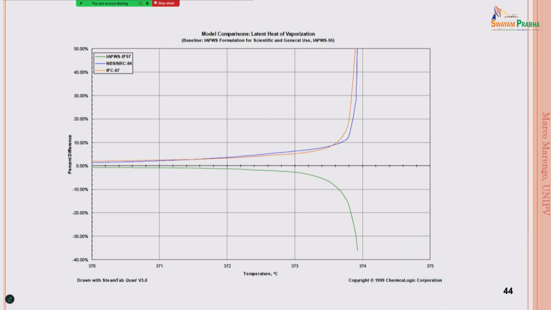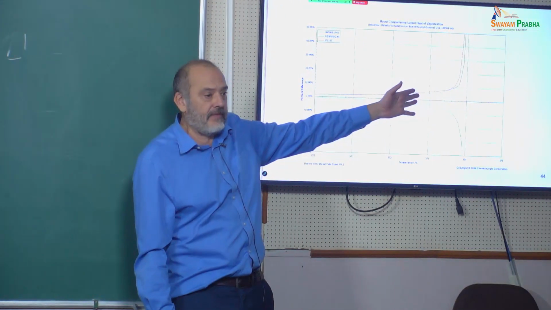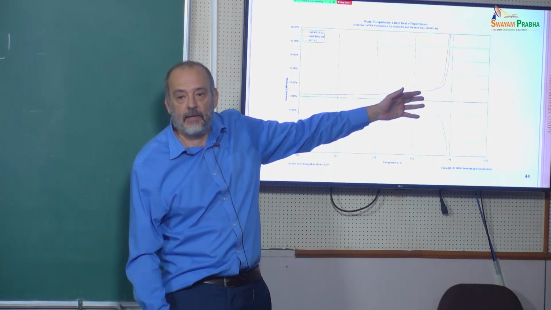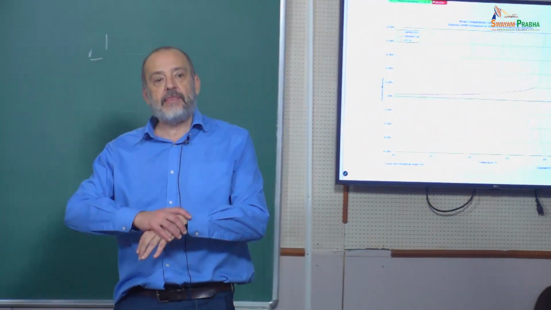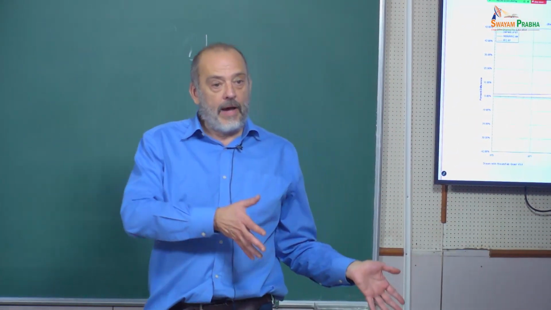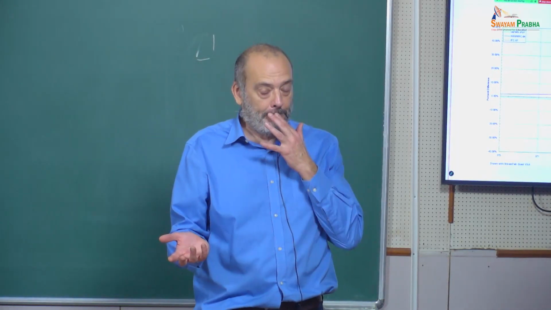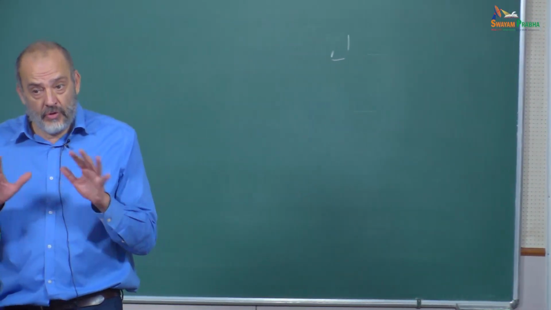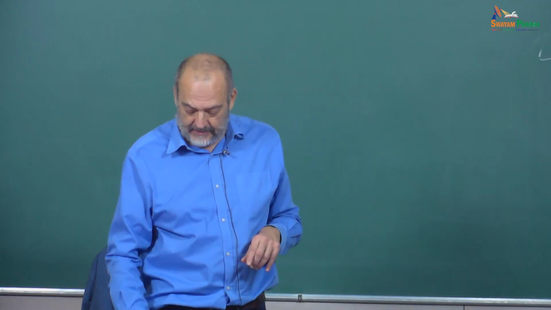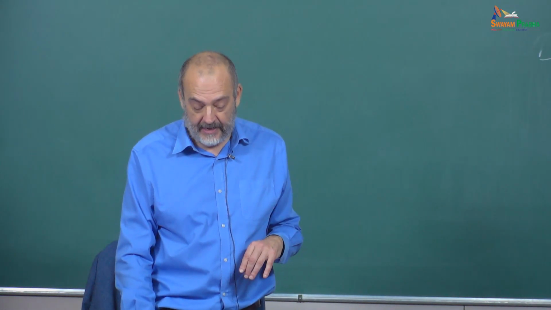So when you are closer to the critical point, even one of the simplest properties, like the latent heat, deviates a lot from one model to another. And this is happening for all the variables. So you don't know exactly what is happening there. You can try, but it becomes quite complex to work very close to the critical point.